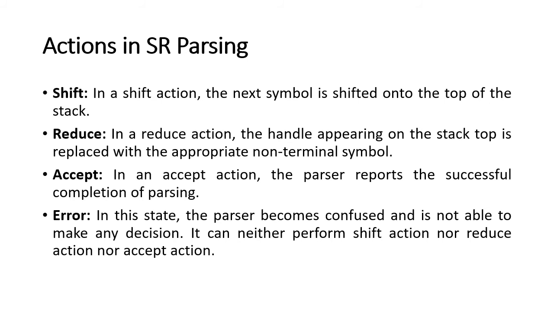If it reaches the completion of parsing, it is called an accept. And if none of them is possible, neither a shift, a reduce, nor an accept, then it is an error, and it will go for error reporting.